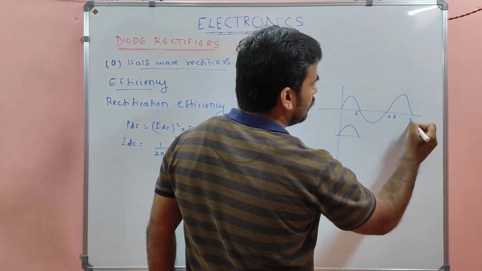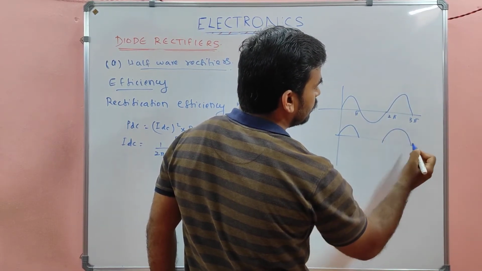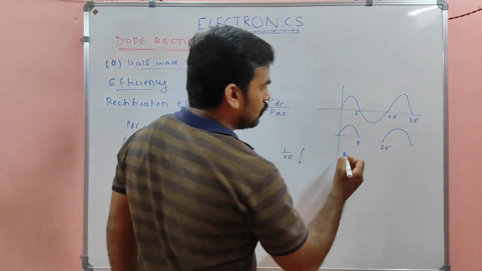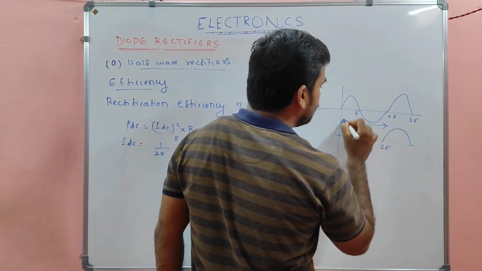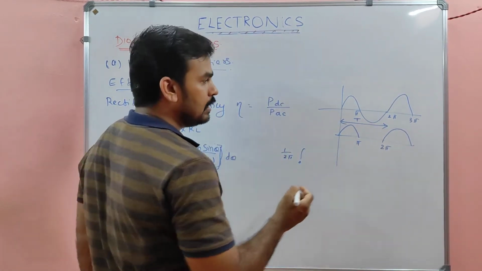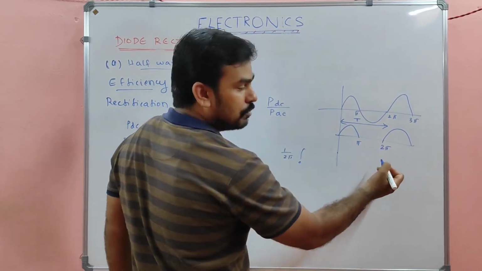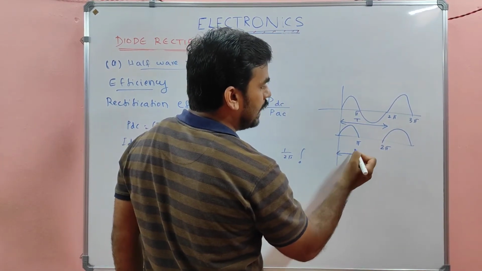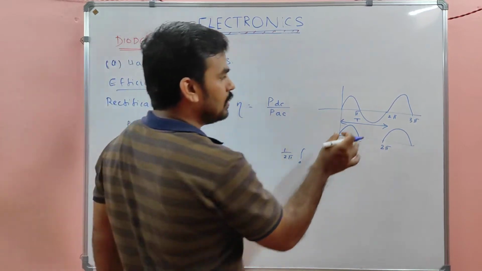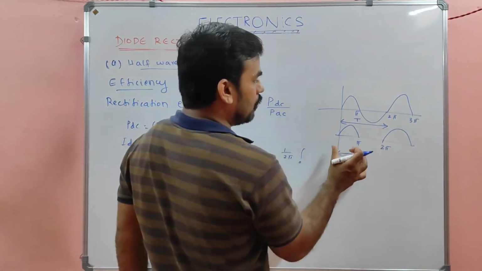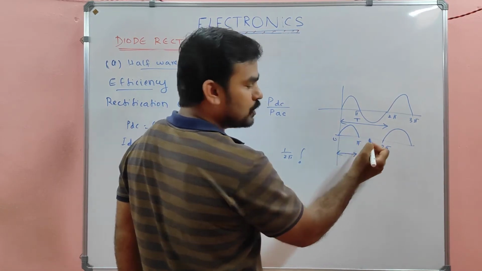It repeats only after 2 pi. In half wave rectification the output is not obtained for the whole period, only for 0 to pi.